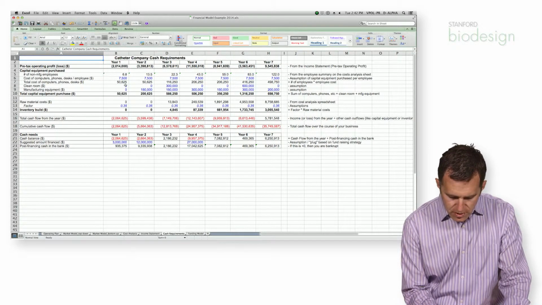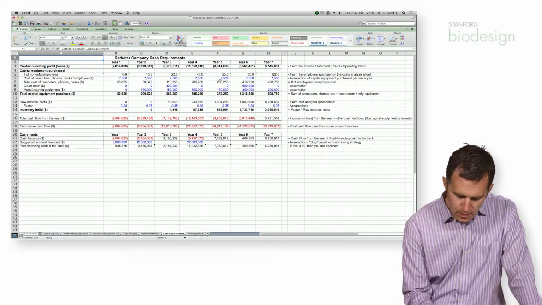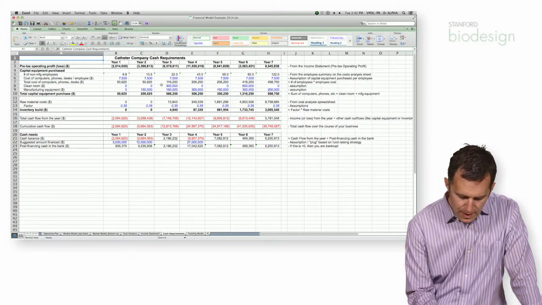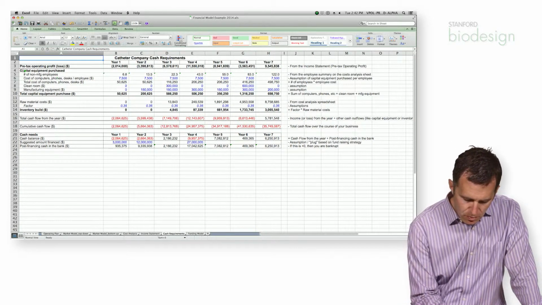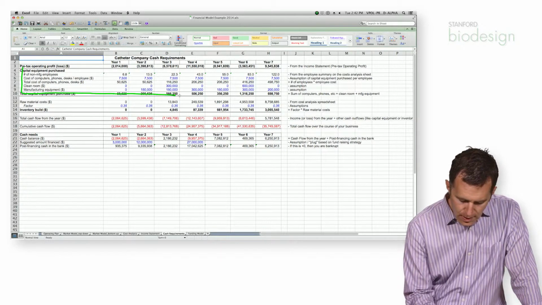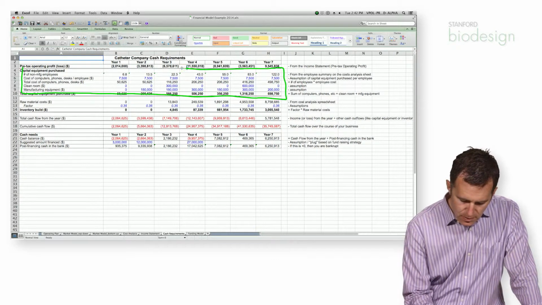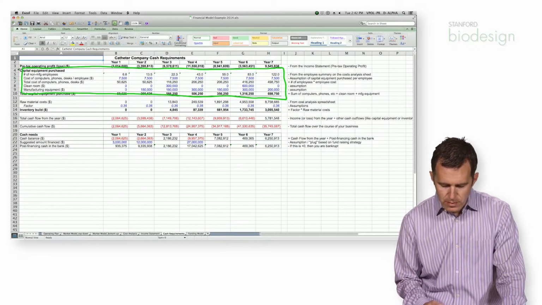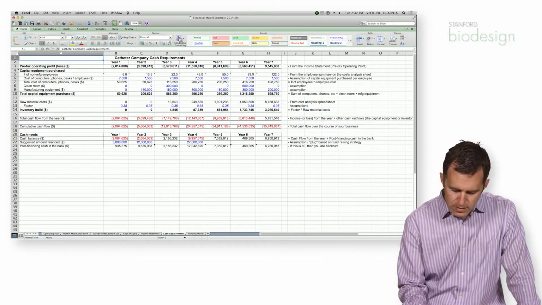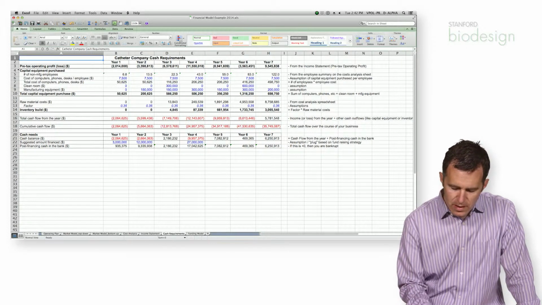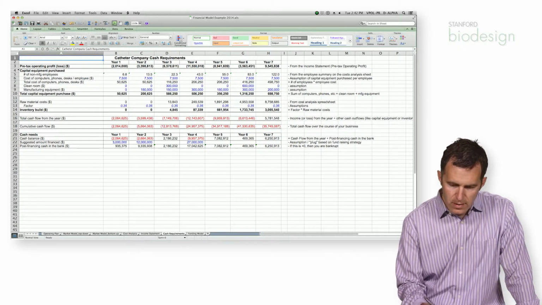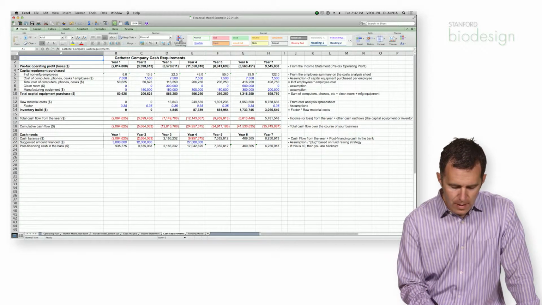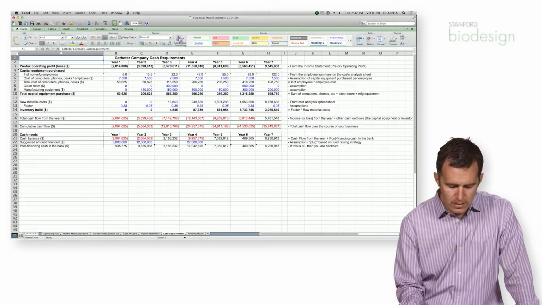There are some other adjustments that you can make along the way that will impact your cash. This has mostly to do with accounting and some of the very strange accounting rules that we run into. For the most part, what you want to do is go ahead and plug numbers into this spreadsheet to understand the adjustment that you need to make to your operating profit and loss to calculate the amount of cash that you need.